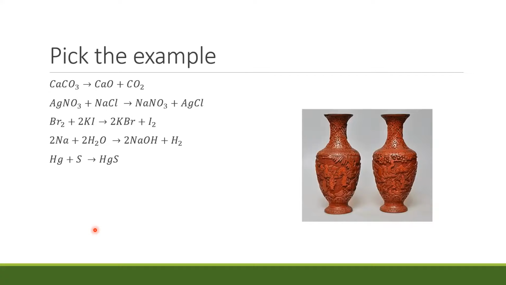So the fastest way to tell which one is the combination reaction: oh, it's the 5th one. Yeah, because it's 2 things coming together to make one new thing. So that is the combination.